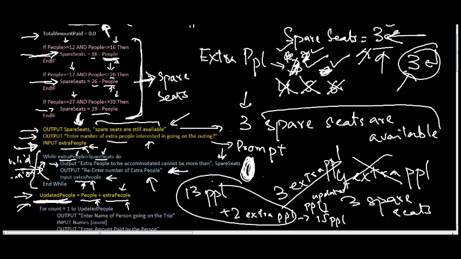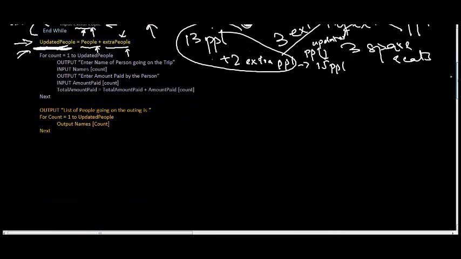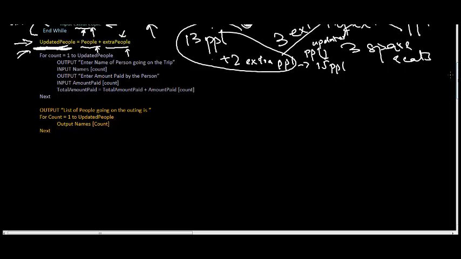Okay, once we've calculated the number of updated people going on the trip, now we are ready to input details about these users. So we have set up a loop, and this is a for loop, controlled by this count variable. Count has an initial value of 1, and count will have the final value equal to updated people.